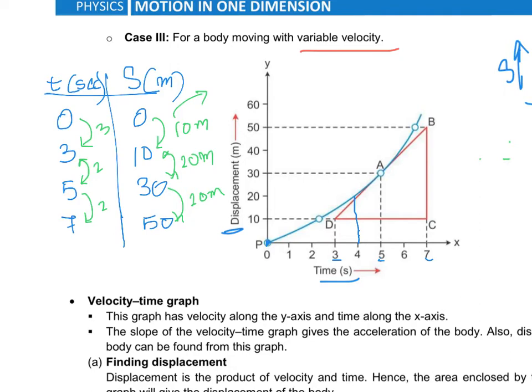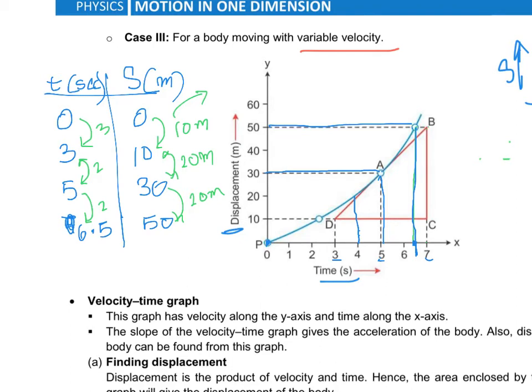Actually, look at this. The curve will go this way, so maybe this is not 7. This is 6.5. For 5 seconds we got 30, right.